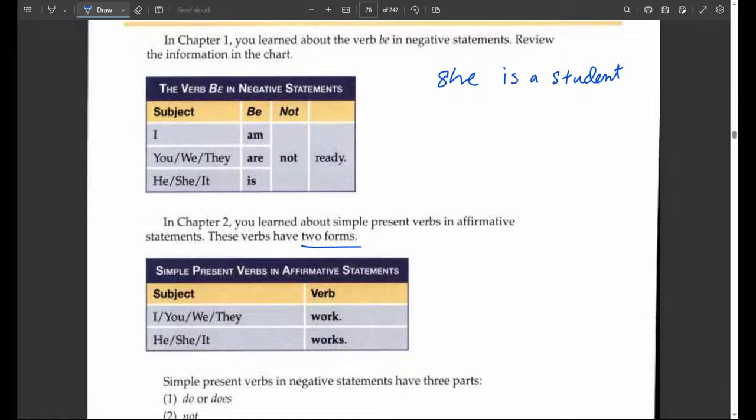If I want to make it negative, it becomes she is not a student. This is the negative form of this statement. So this indicates she's a student, but this says she's not a student. This is a negative form.